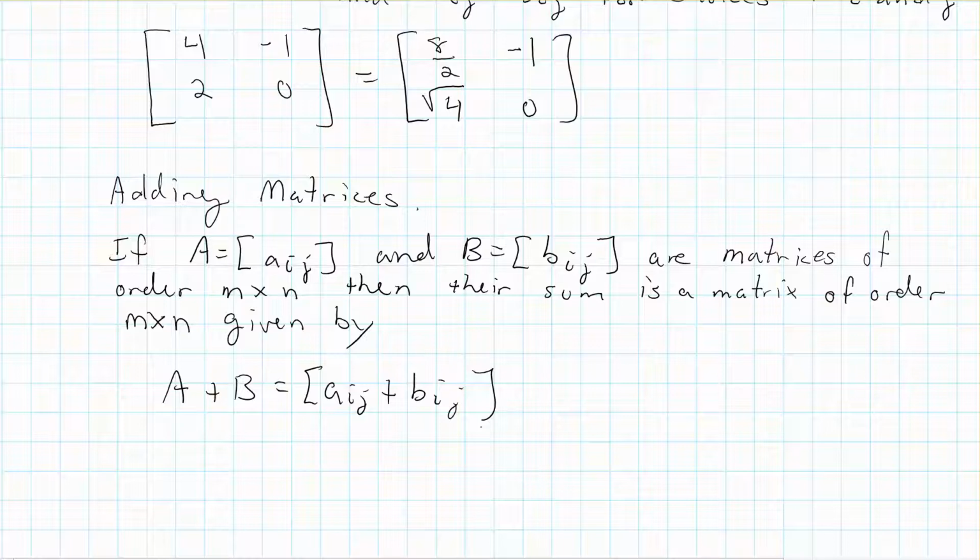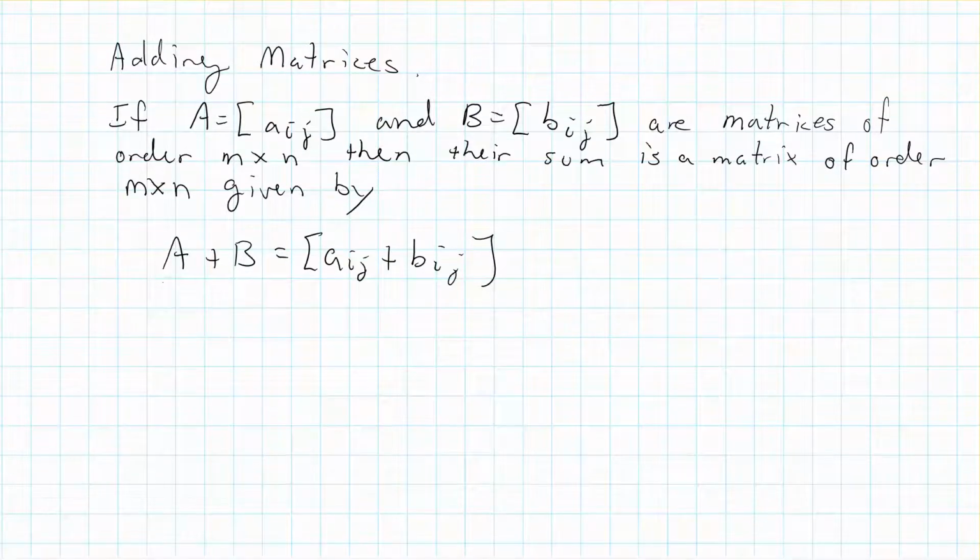So adding matrices is literally going to be just adding the respective elements of rows and columns together. So nothing too difficult here.